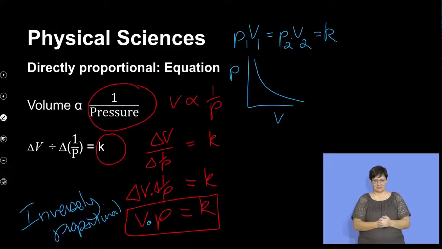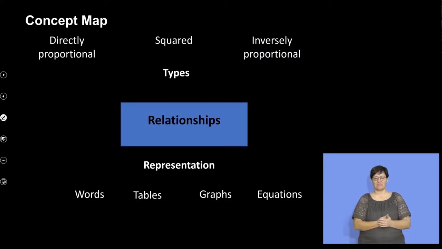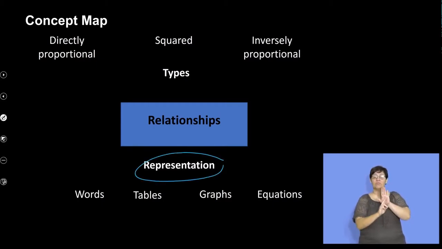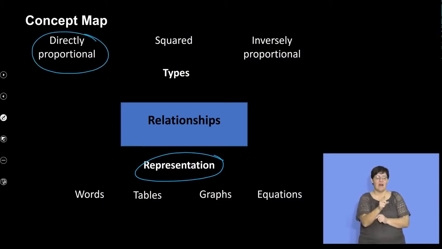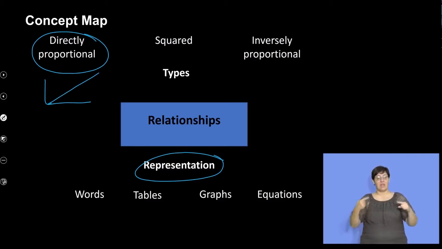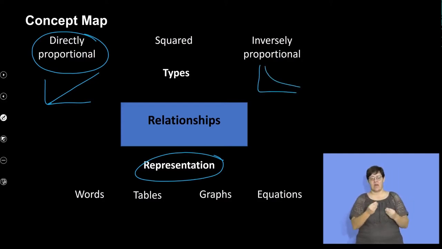Okay, so let's make sure that we've got this very clear. When we represent graphs, we must make sure that we try and show a directly proportional relationship. A directly proportional relationship will always have a straight line that passes through the origin, whereas with an inversely proportional relationship, it might come up that we've got a curved line.